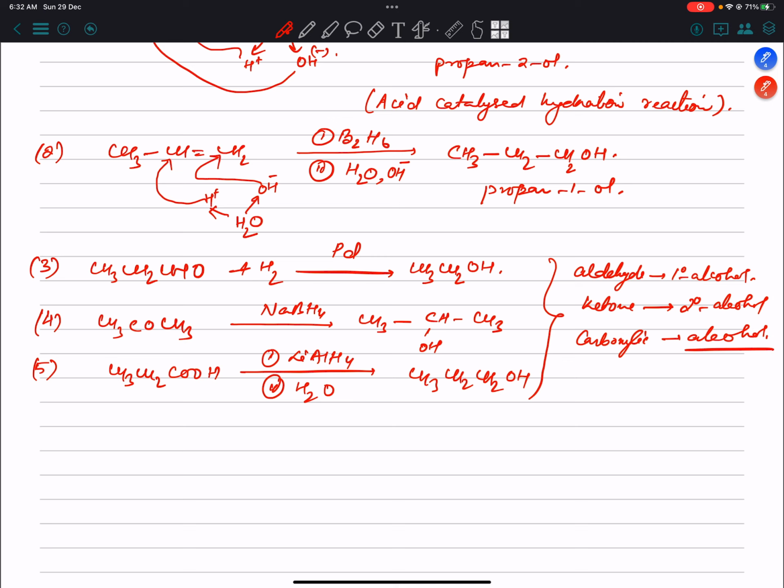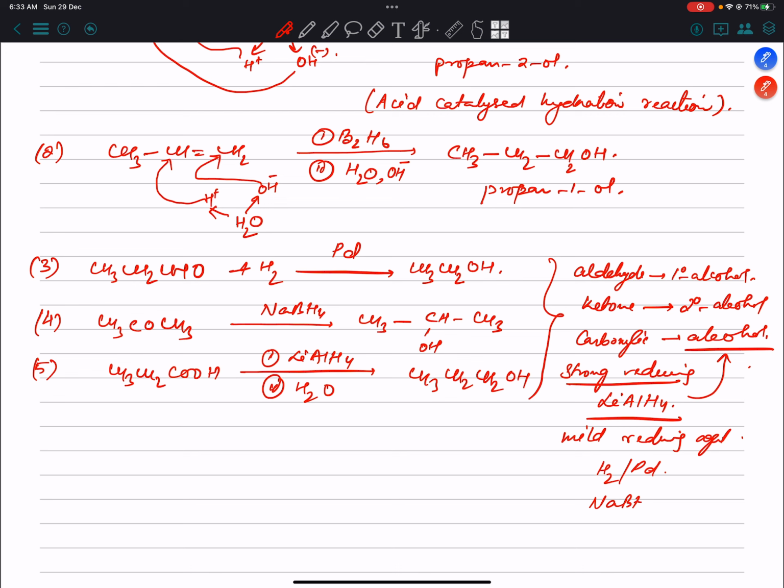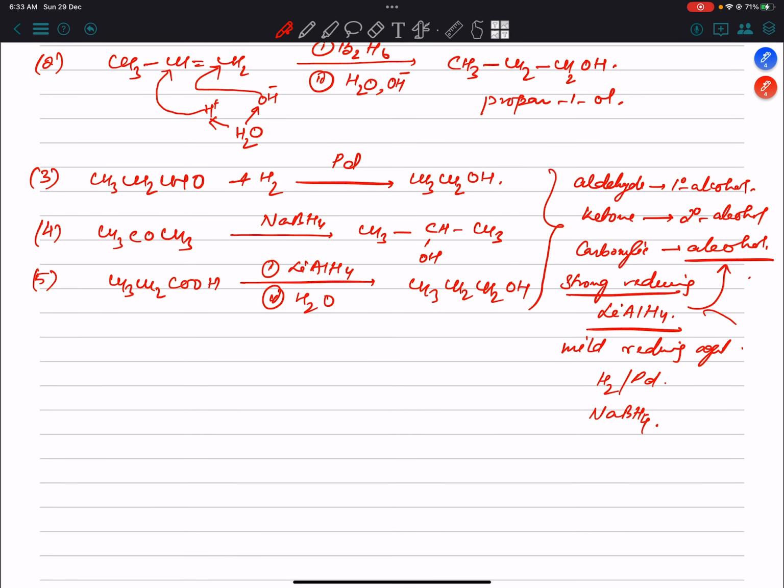And here the reducing agents are: the strong reducing agent is lithium aluminum hydride that converts carboxylic acid to alcohol, and the mild reducing agents are hydrogen in the presence of palladium and sodium borohydride. You can note here that all the reducing agents contain hydrogen.